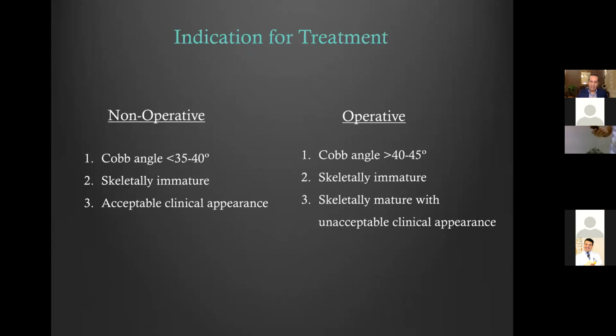When we think about operative, it is a Cobb angle over 40 degrees in a skeletally immature patient. And even with less than 40 degrees, in a skeletally mature patient with unacceptable clinical appearance, we think about surgery.